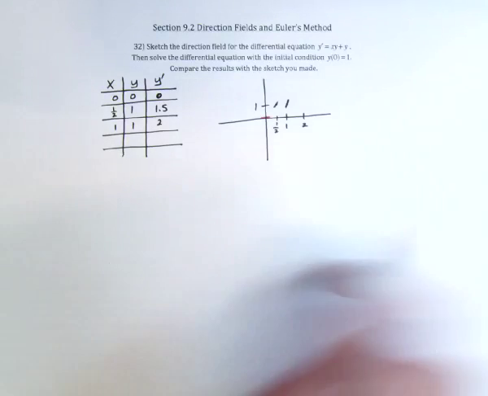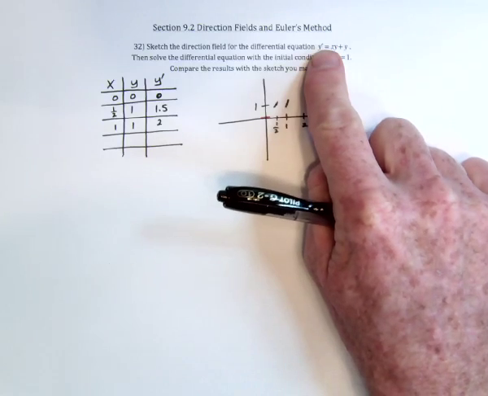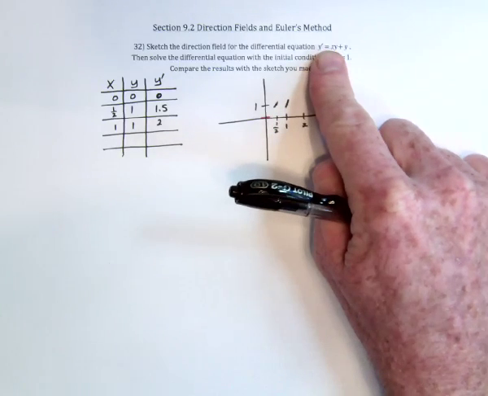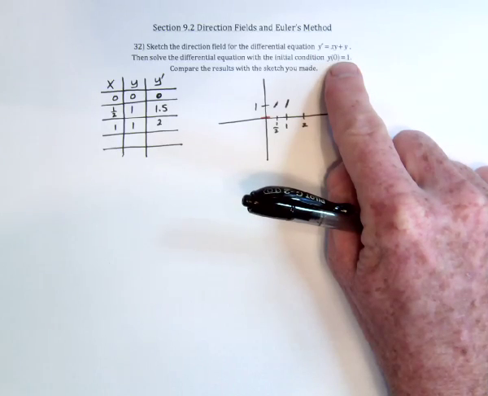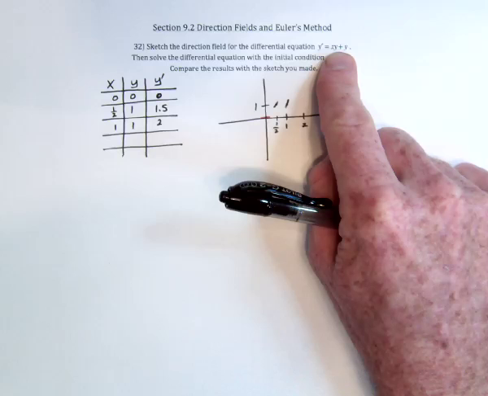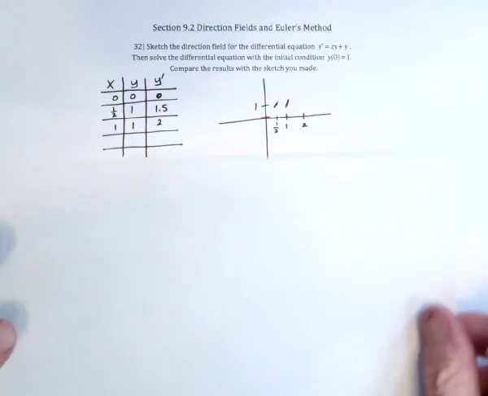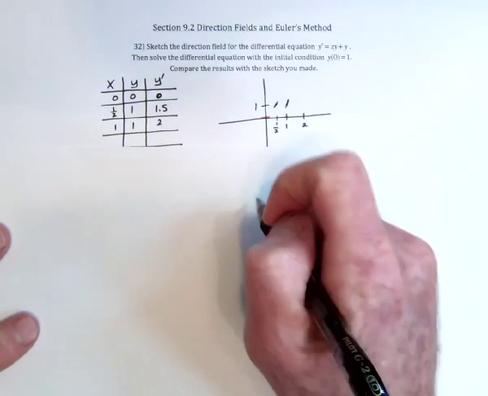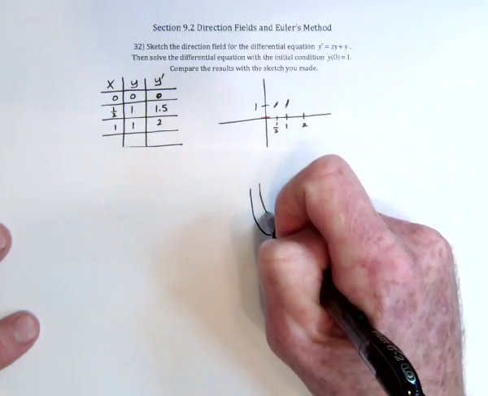Now, keep in mind with solving a differential equation, it would have a plus c in it, at least until I plugged in these numbers and found out what c is. But right now, we're just dealing with this. That means that the actual solution has a plus c. So consequently, the actual answer may be a parabola, but it could be a parabola plus c.